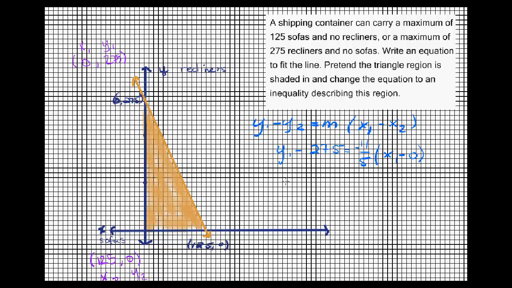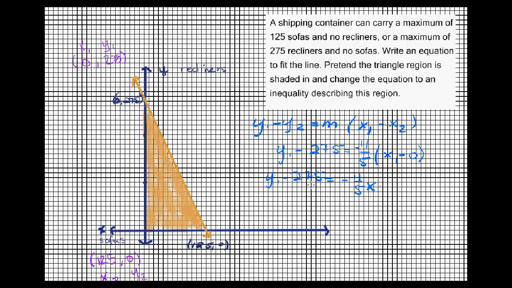Okay. So now at this point, we're going to use the distributive property, and then we're going to add 275 to both sides. Our goal at this point is to get this equation in slope-intercept form, okay, which is y equals mx plus b. Okay, so let's go ahead and do that. So we're going to first distribute our negative 11/5, and this is going to be times 0, so we don't have to write anything there.